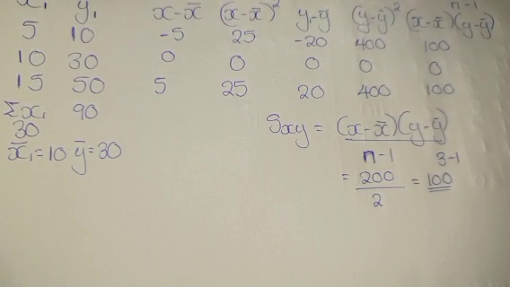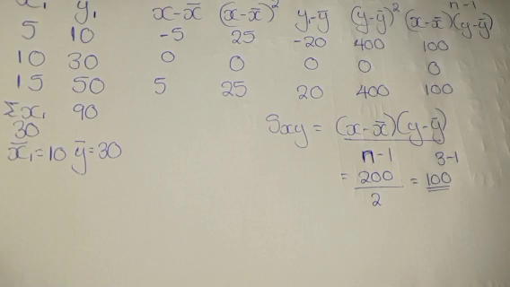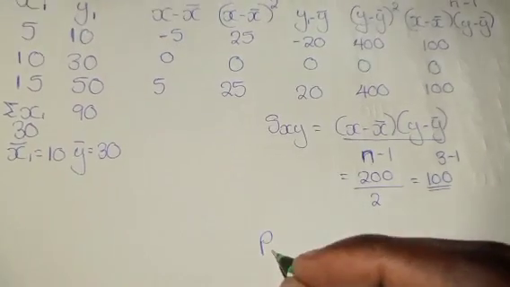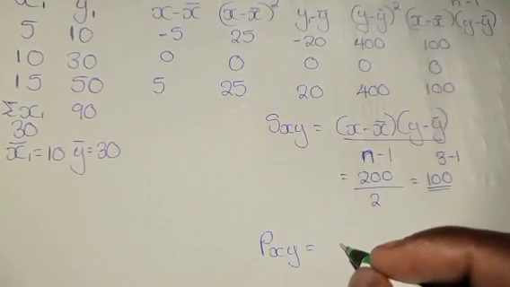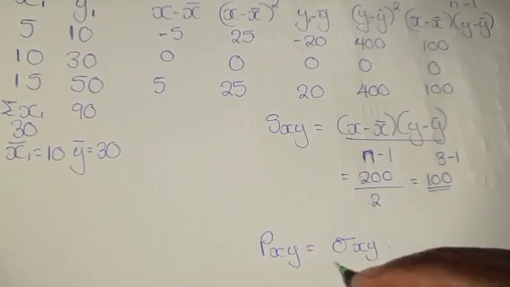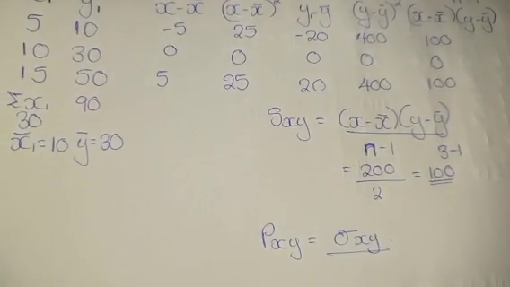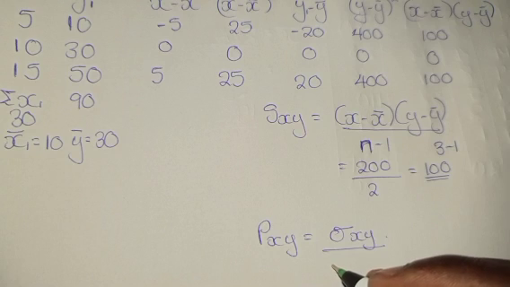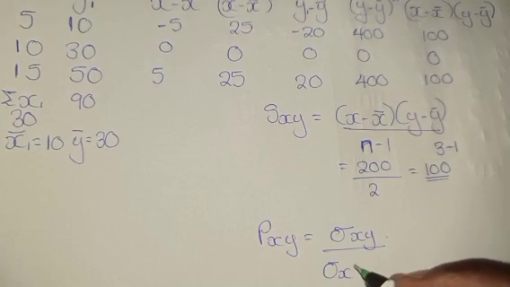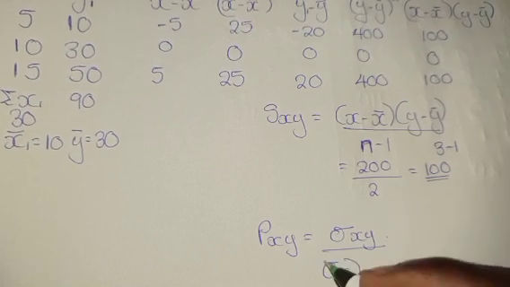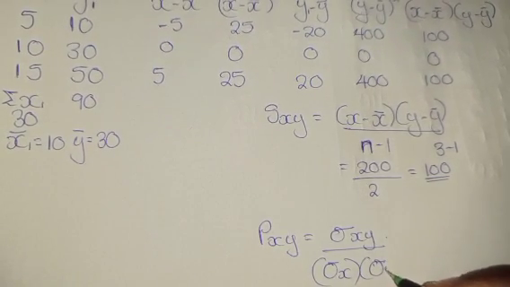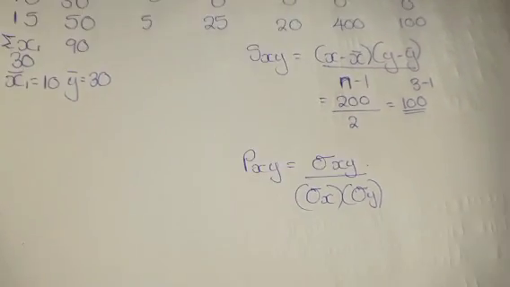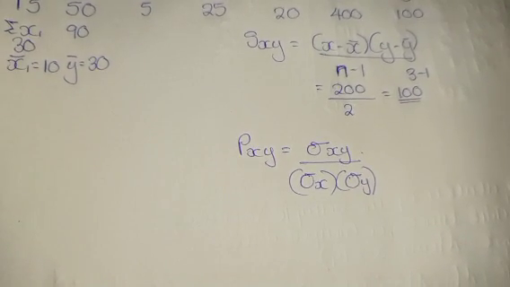Having calculated that value, we now calculate the Pearson product moment correlation coefficient, which is given by the covariance divided by sigma, also referred to as the standard deviation, of x multiplied by the standard deviation of y. For you to get the standard deviation of x and y, this is how you calculate them.